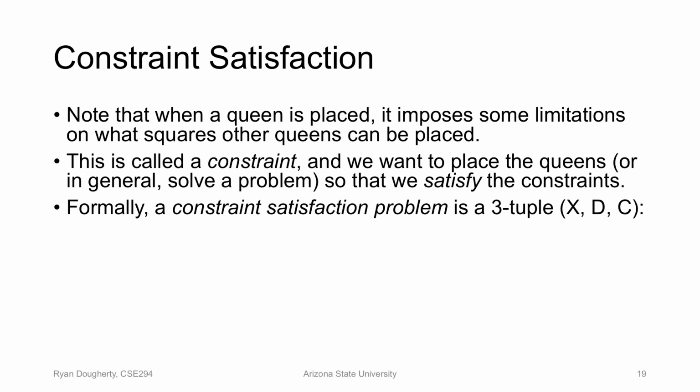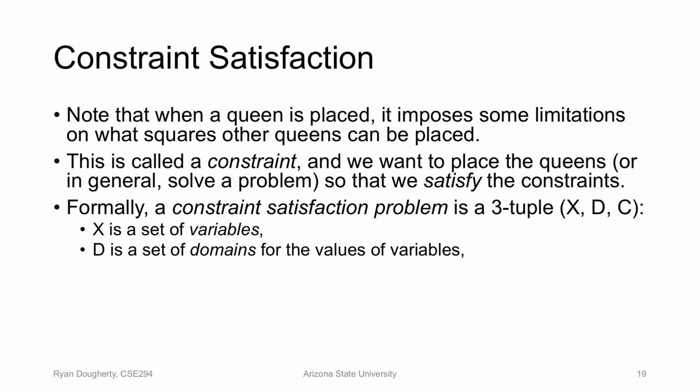So we're going to be a little bit formal here, but it's basically a three-tuple, right? So we have X, D, C, so what are X, D, C? So X is a set of what are called variables. So X here is the set of queens. So those are the variables for our problem. D is the set of domains for what the values of these variables could be, basically where the queens could be placed on the grid.